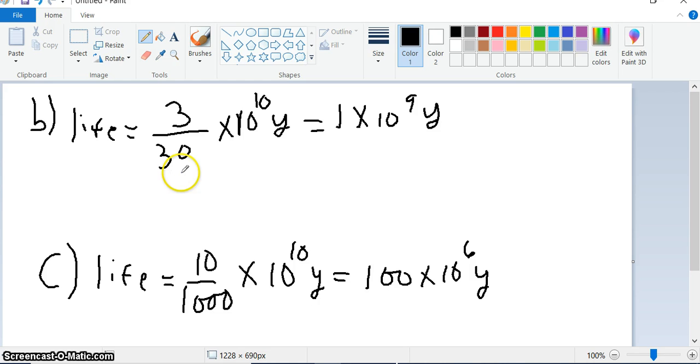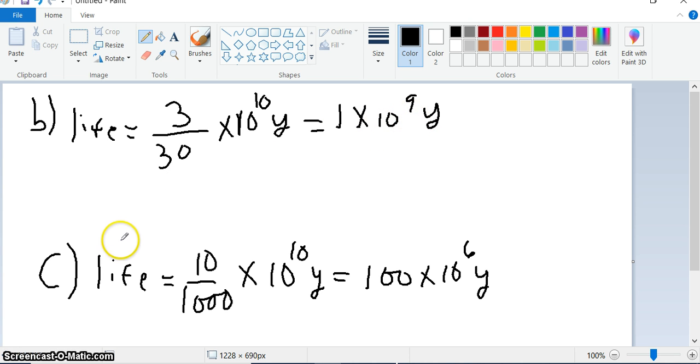When you do that, notice this fraction is of course less than 1, so you multiply this times 10 to the 10th, or 10 billion. So you get that this star would only last 1 billion years, or 1 times 10 to the 9th.